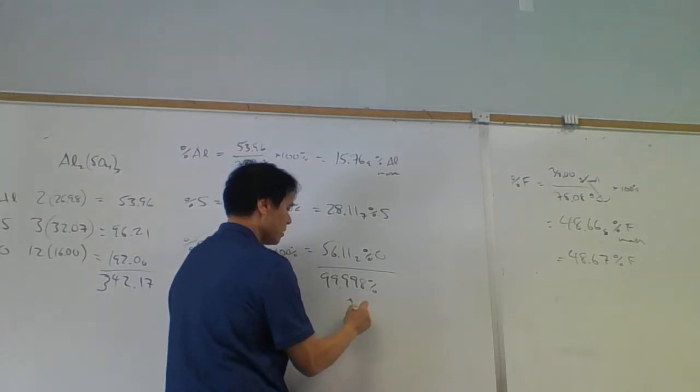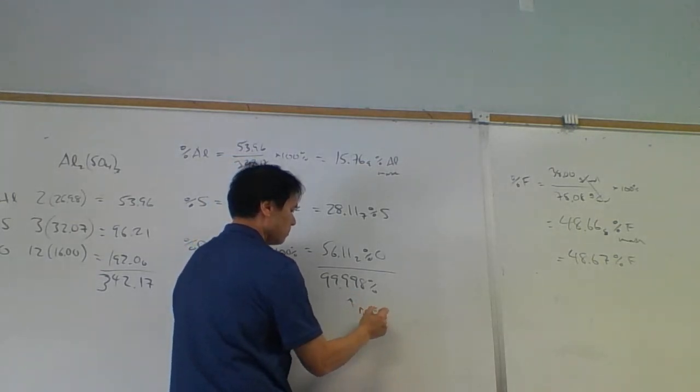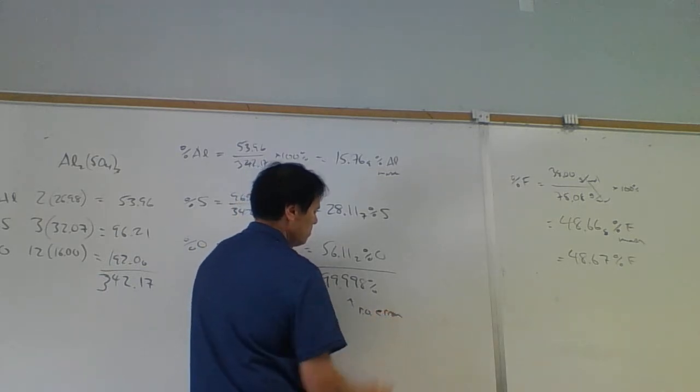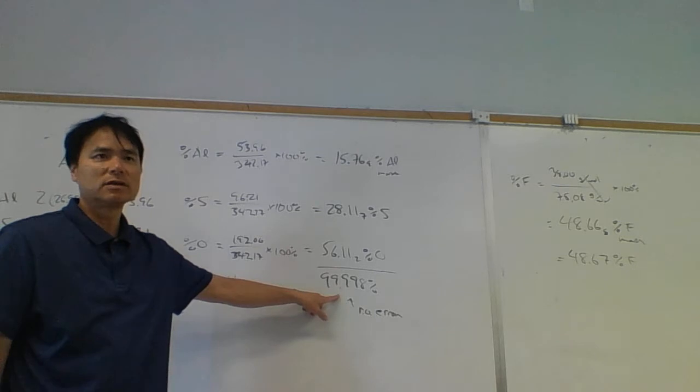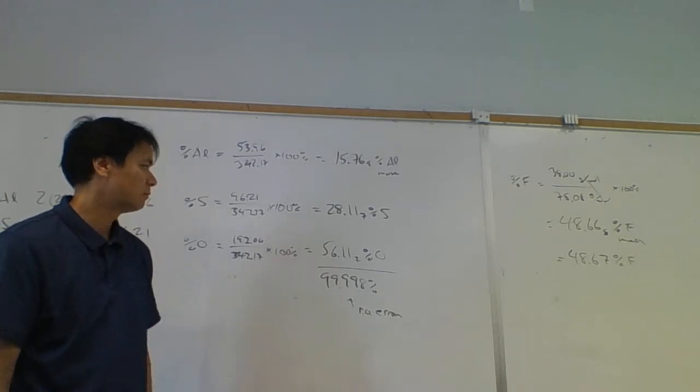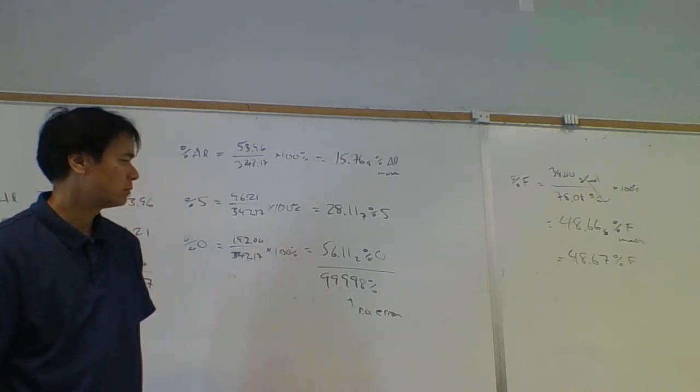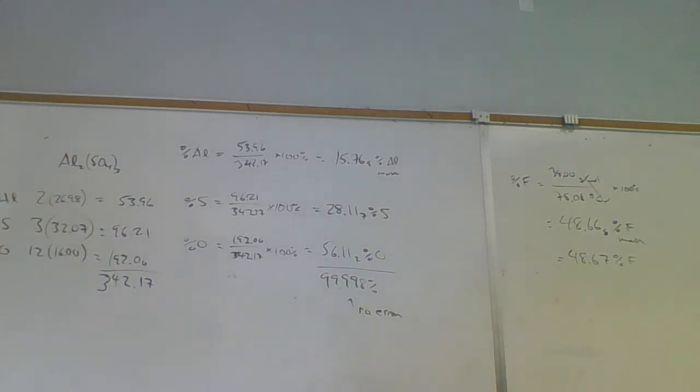So this is just rounding error. But that's okay. We're not allowed 5 sig figs here. We would be allowed 4, so we'd round it to 2 decimal places, 100.00%.